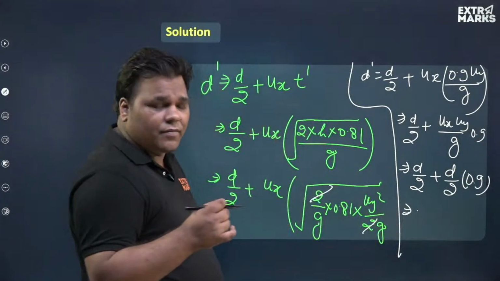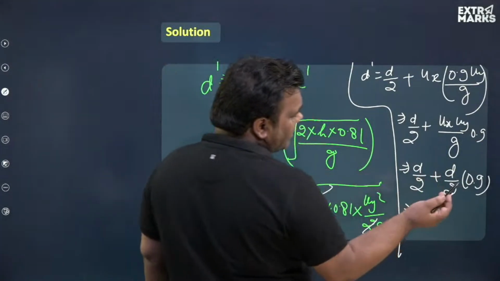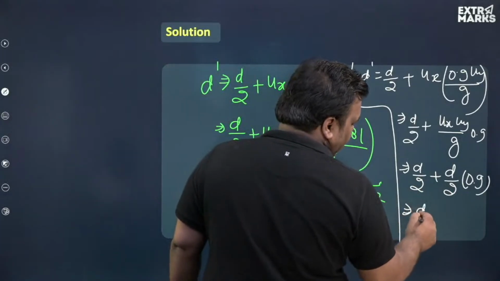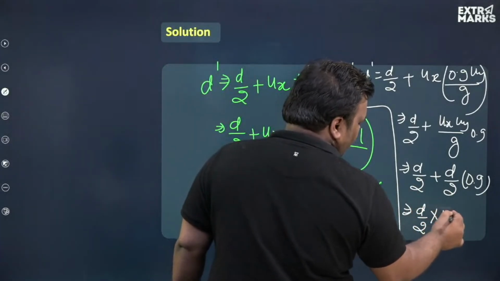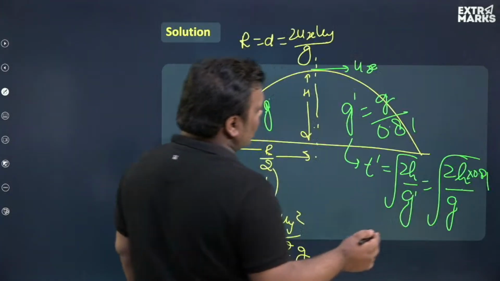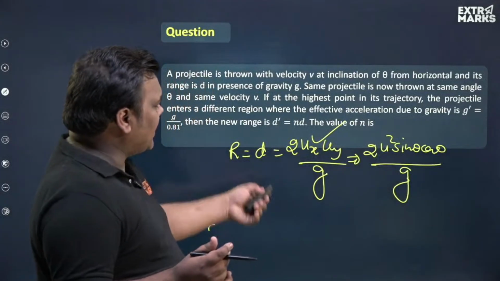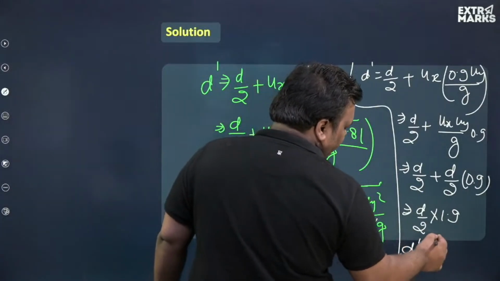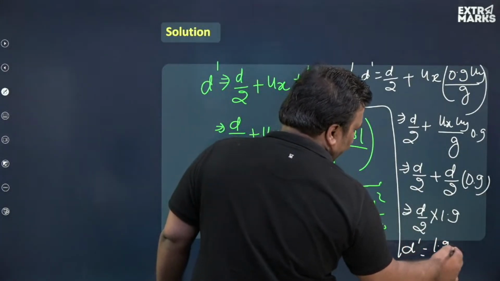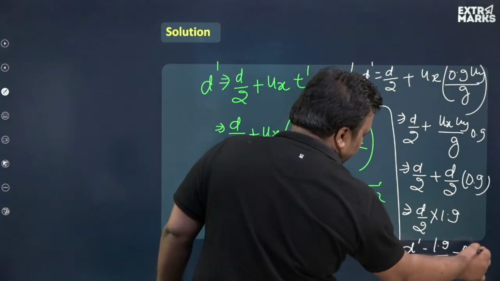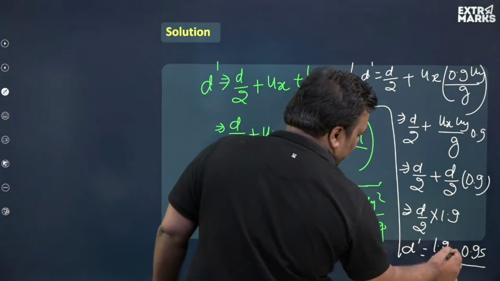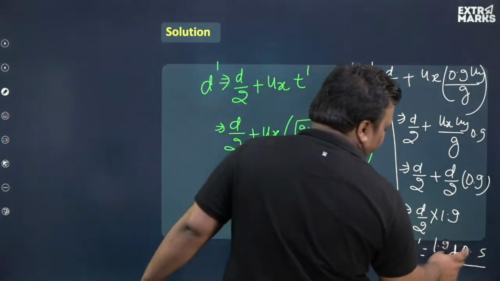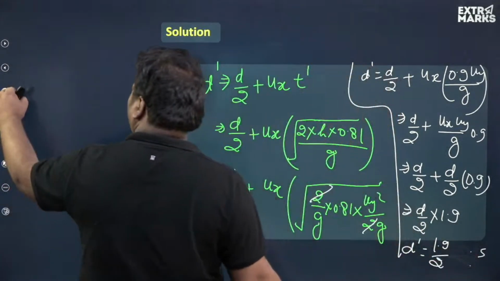So what will I have? D by 2 plus d by 2 into 0.9, that means d by 2 I can take out common, it is 1.9. What are they asking? D dash is equal to nd, so the value of d dash will be 1.9 divided by 2 into d.